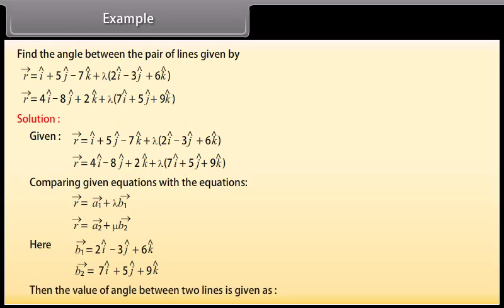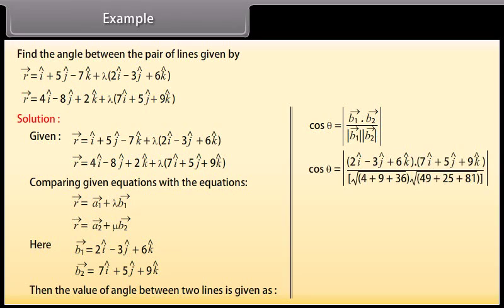Then the angle between the two lines is given as cos theta equals modulus of (vector b1 dot vector b2) by (modulus of vector b1 into modulus of vector b2). Cos theta equals modulus of the dot product of (2 î minus 3 ĵ plus 6 k̂) and (7 î plus 5 ĵ plus 9 k̂) divided by the square root of (4 plus 9 plus 36) into the square root of (49 plus 25 plus 81).